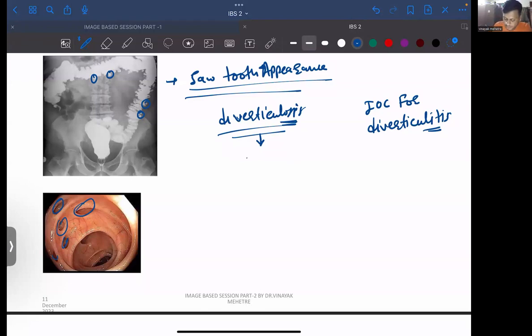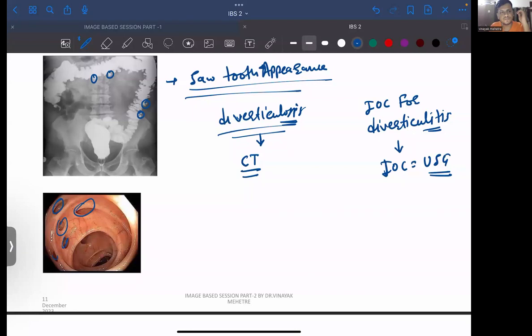The investigation of choice is going to stay CT scan. But what has happened? Itis. What I'm saying? Itis means inflammation of that diverticula. So उसका मतलब है investigation of choice is now changed. Answer is ultrasound.